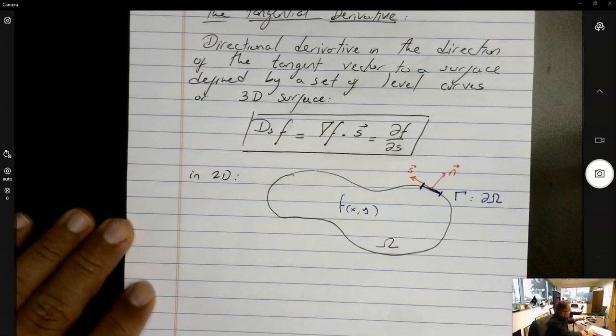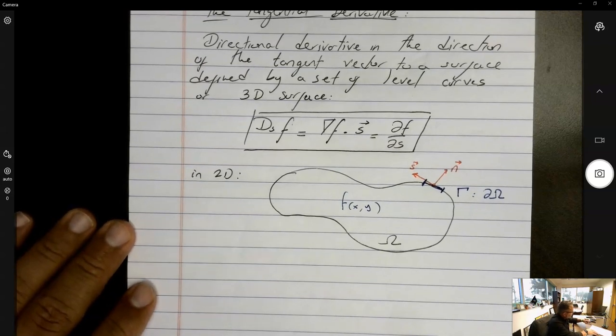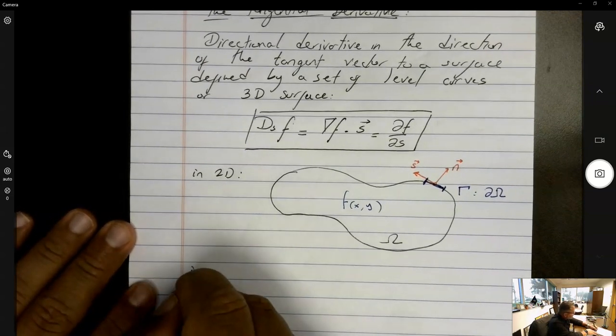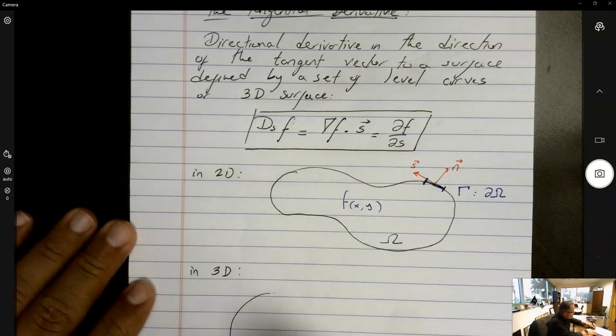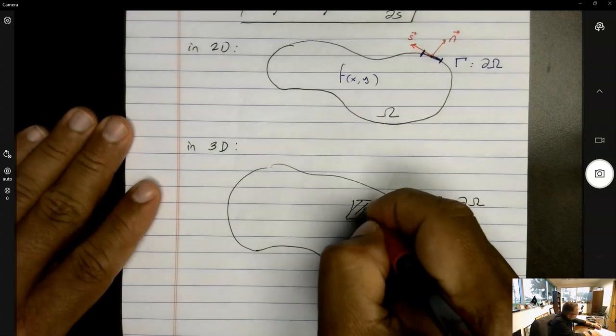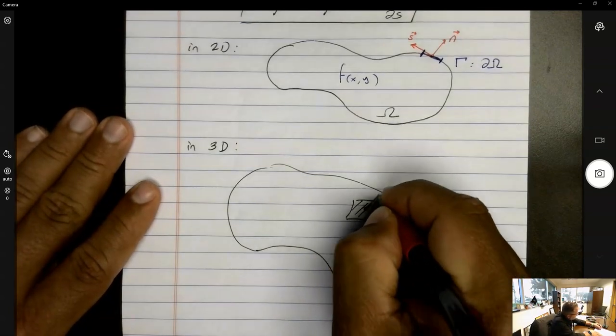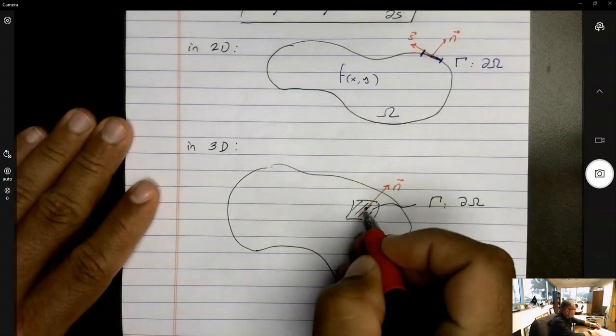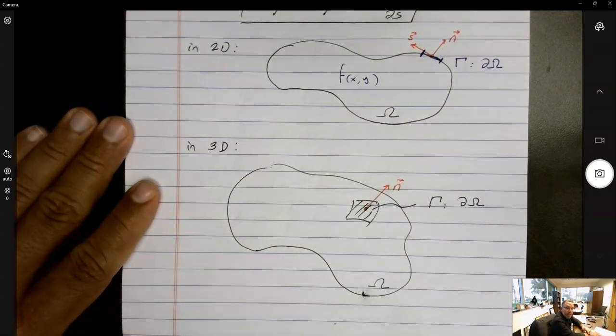Now in this case, we can do this in 3D, but it will be slightly more complicated because in 3D, again, we have a 3D region whose surface, or a piece of the surface gamma here, is derivative of omega, and there's a unique, at the center point of that region, there's a unique normal vector n, but there's an infinite number of tangential vectors.